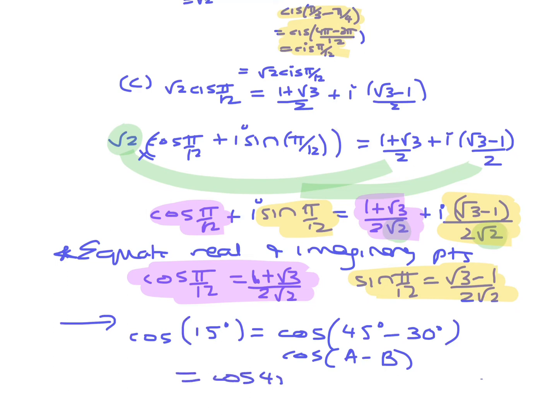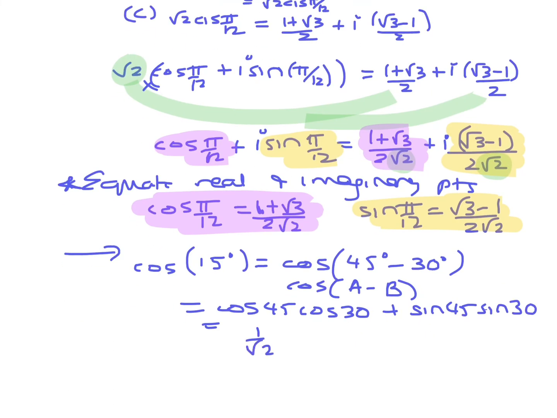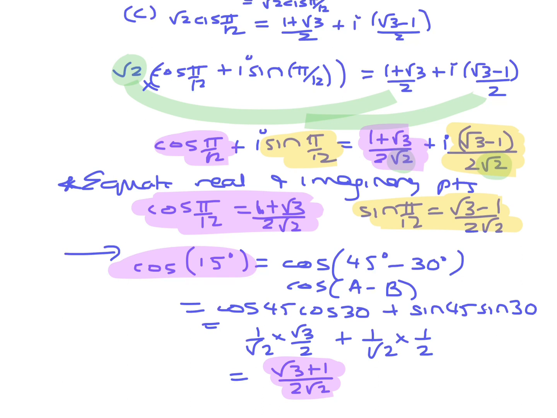So it's cos 45 cos 30 plus sine 45 sine 30, which is 1 on root 2 times root 3 on 2 plus 1 on root 2 times 1 on 2, which is root 3 plus 1 on 2 root 2, which you might notice is exactly the same as what we got up the top when we found cos pi on 12.